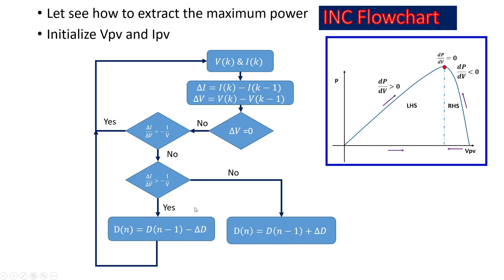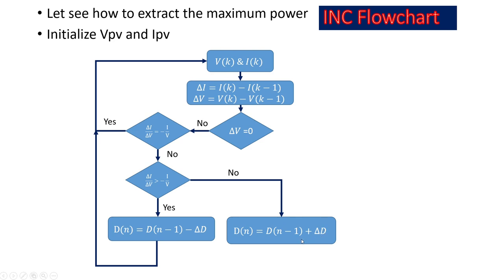When it is operating in the left region, we need to reduce the duty cycle to increase the PV voltage to reach the maximum power. When it is operating in the right region, we need to increase the duty cycle to reduce the PV voltage to reach the maximum power. So the duty cycle is updated and the final values are called V of k and I of k.